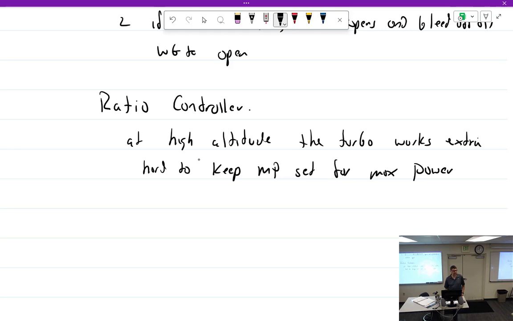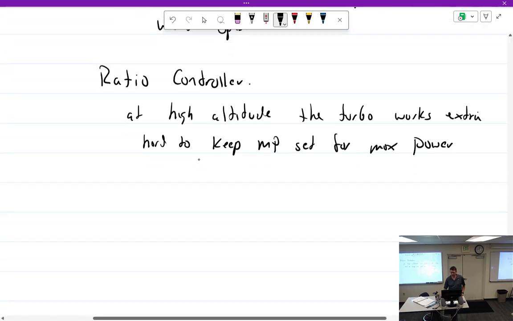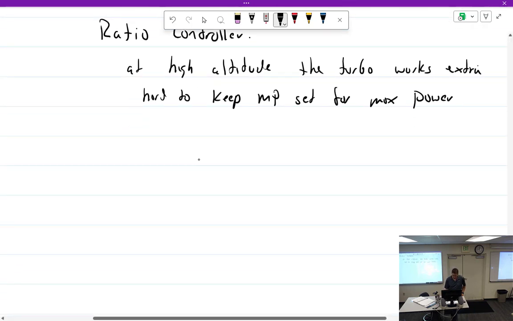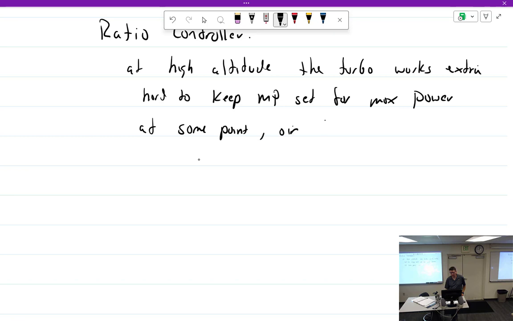Right? That's its job. At some point, air becomes too hot and could cause detonation.